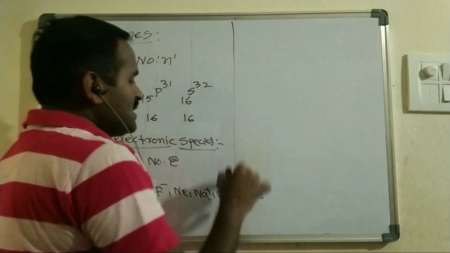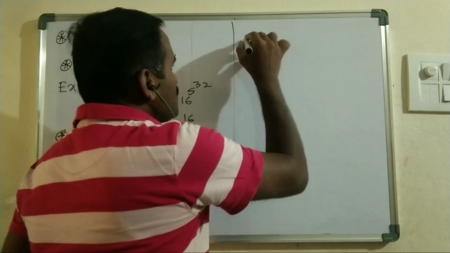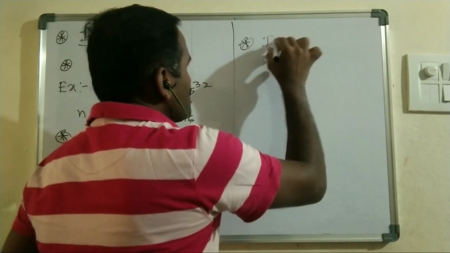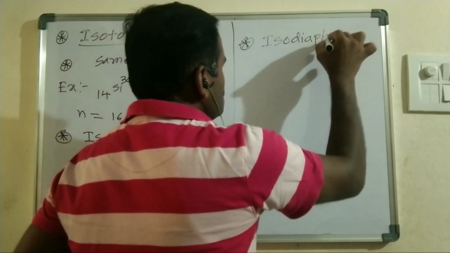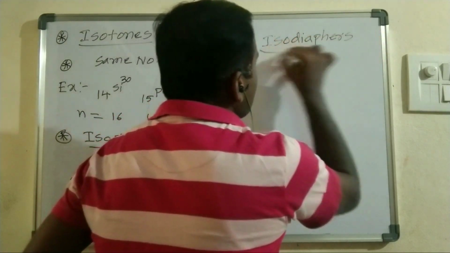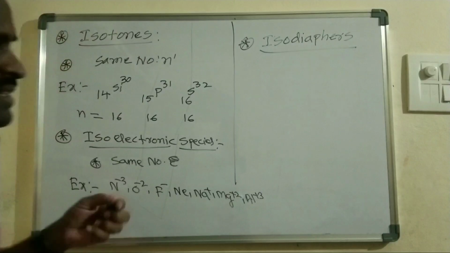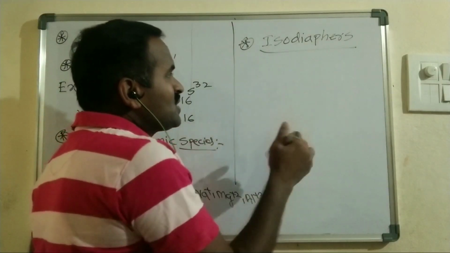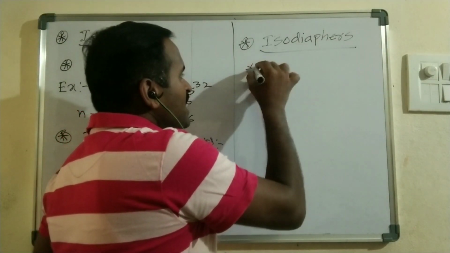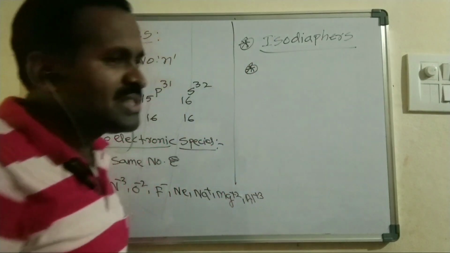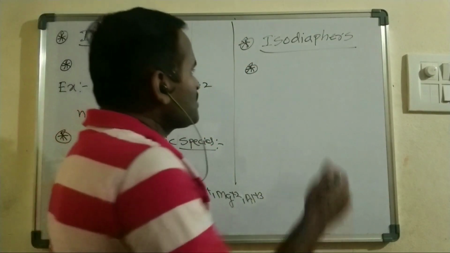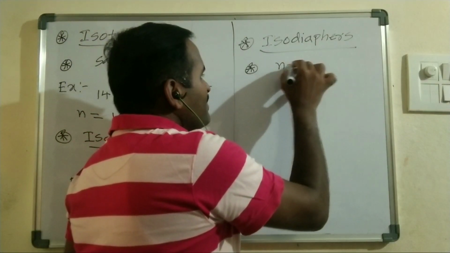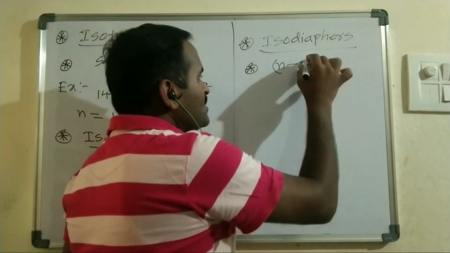And the next one is isodiaphers. In isodiaphers, the atoms have the same difference between the number of neutrons and the number of protons.